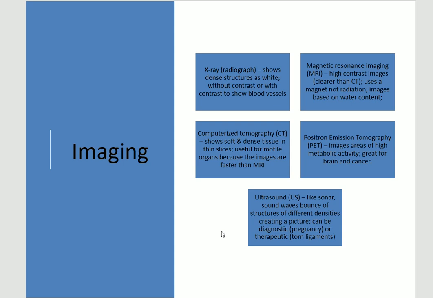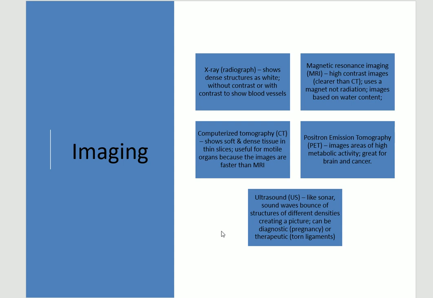MRI, magnetic resonance imaging, is super, super high contrast imaging. It's a giant magnet. There's no radiation. It's easy to see. It's not grainy. But it's not good for moving organs, like guts that are always moving or your heart that's always beating, because it takes a very, very long time to get these images. What is really good for moving organs is a CT scan, computerized tomography.